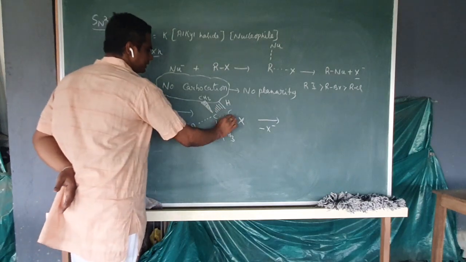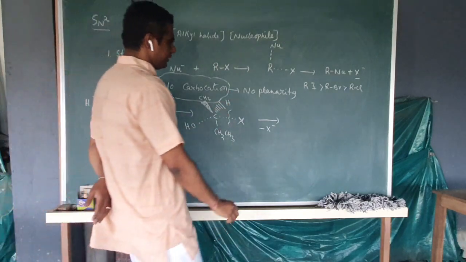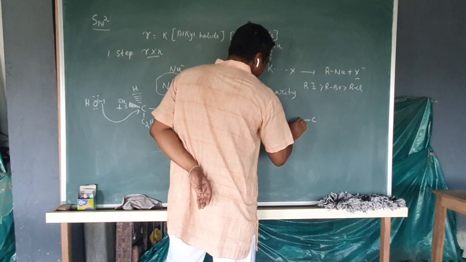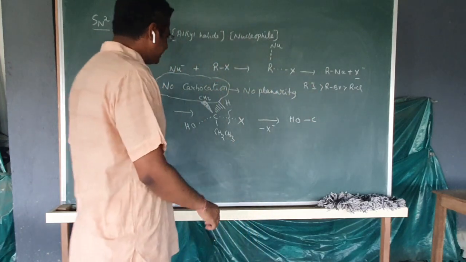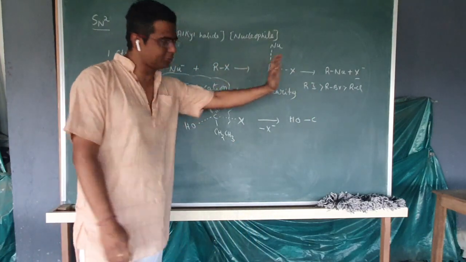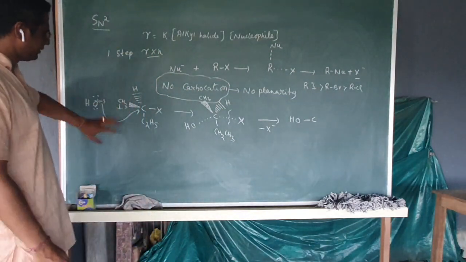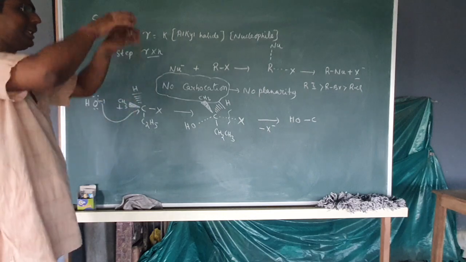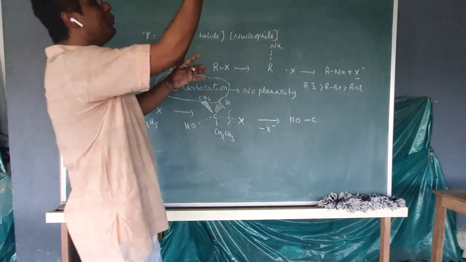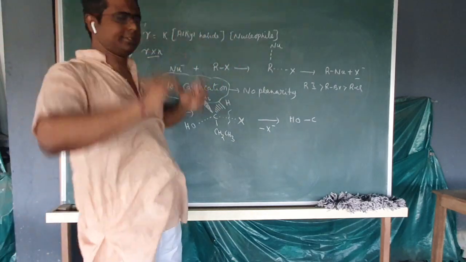So now obviously X leaves, right? X leaves. This breaks up. OH forms this bond completely, and starts pushing these bonds towards that side. It's like an umbrella over here. This was an umbrella like this. You give some wind and the umbrella goes like this. Right?